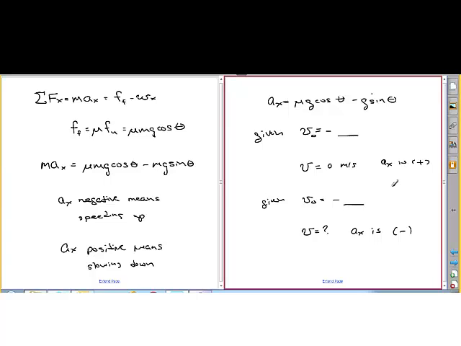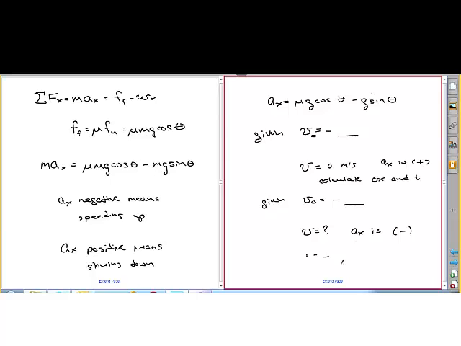In this case, you'd have this and that, and you could calculate delta x and t. Here, delta x would be negative because it's going down. Since you're not specifying the final velocity being 0, you'd have to specify delta x, which would be negative because it's going down the ramp.